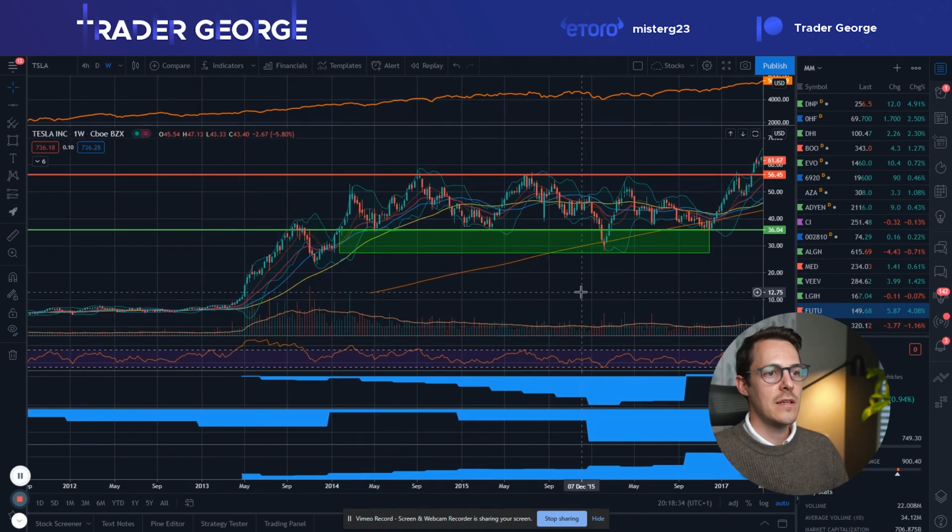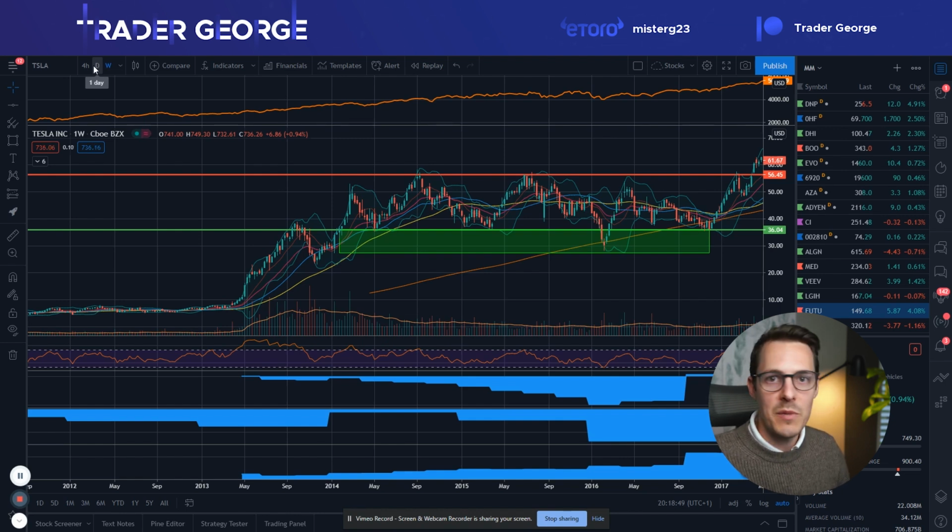So once you've done this on the weekly chart, you can move down to the daily chart and get a more nuanced view of what's been happening. This will take you away from the bigger picture, but it will also show you more detail, which sometimes can reveal some interesting insights.